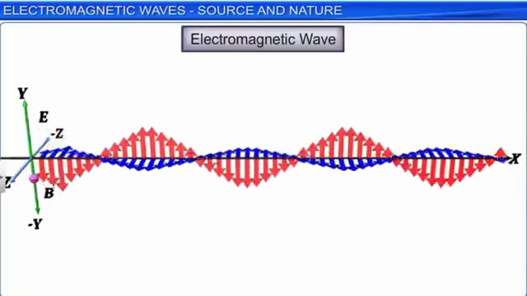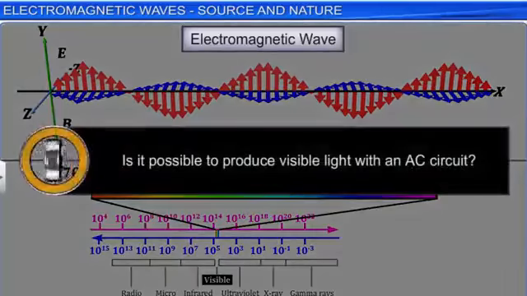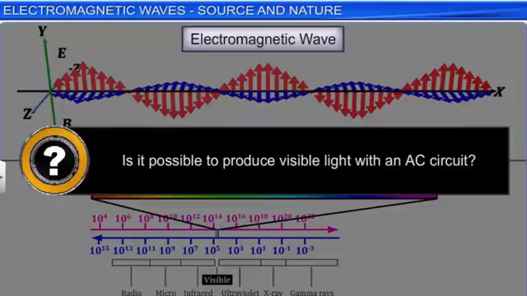We know that visible light is an electromagnetic wave with frequency in the order of 10 power 14 Hz. Is it possible to produce visible light with an AC circuit in which the current oscillates with a frequency equal to that of visible light?